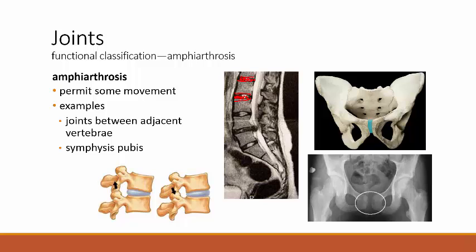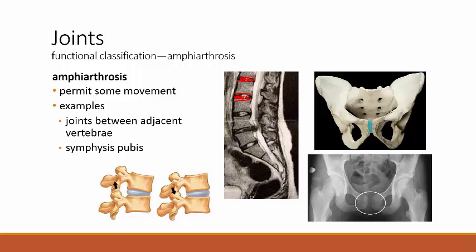Those are amphiarthroses because they allow some flexion between those two vertebrae. So a little bit of movement. Amphi means two sides. If somebody is ambidextrous, then they can use both sides. So there's a little side-to-side movement allowed with an amphiarthrosis.